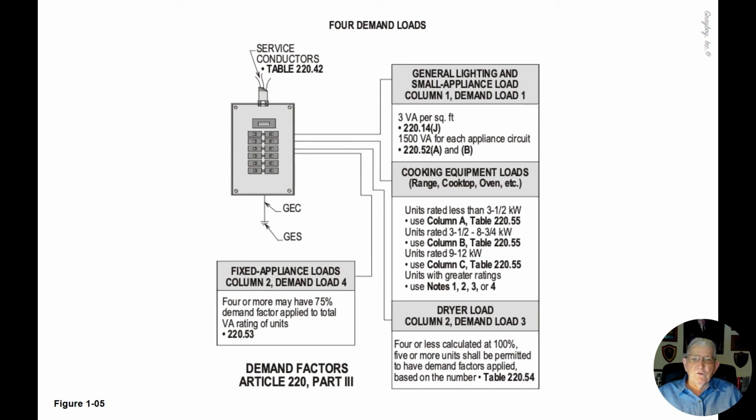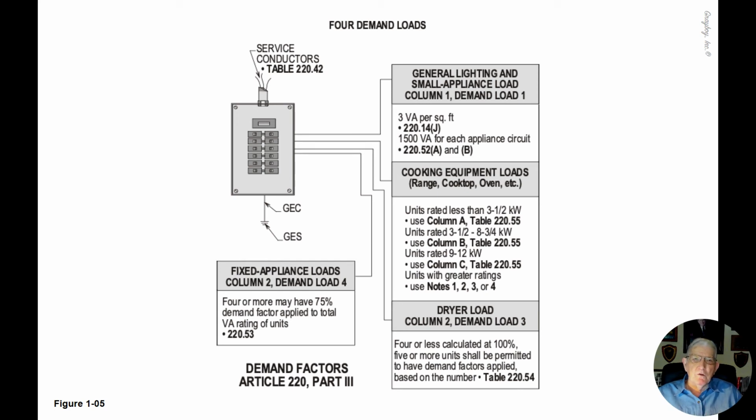Units that are rated 3.5 through 8.75 kW use your column B in table 220.55. Cooking equipment units 9 through 12 kW use your column C in 220.55. Units with greater ratings, then we have to leave the table and use the notes 1, 2, 3, or 4 is applicable.